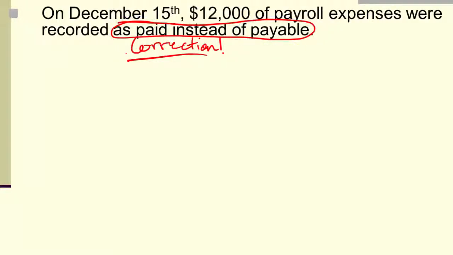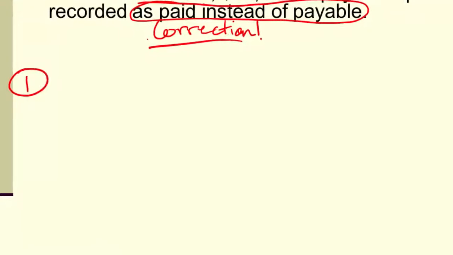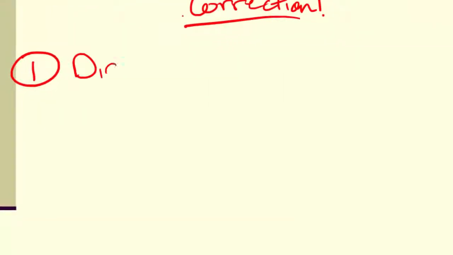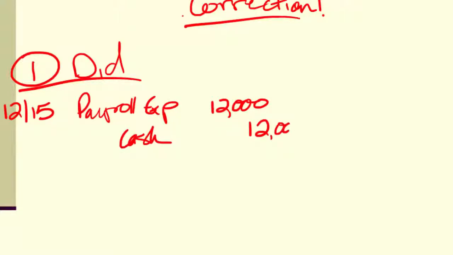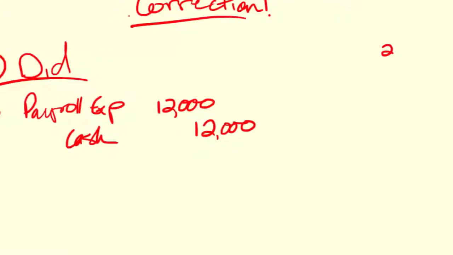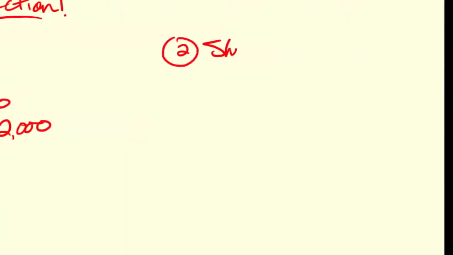Let's go through the steps here to do a correcting entry. Step number one is to write down what you did. So on 12/15, I recorded payroll expenses of $12,000 as paid. Keyword here, paid, means that I recorded cash. Number two, I'm going to record what I should have done in making this journal entry.